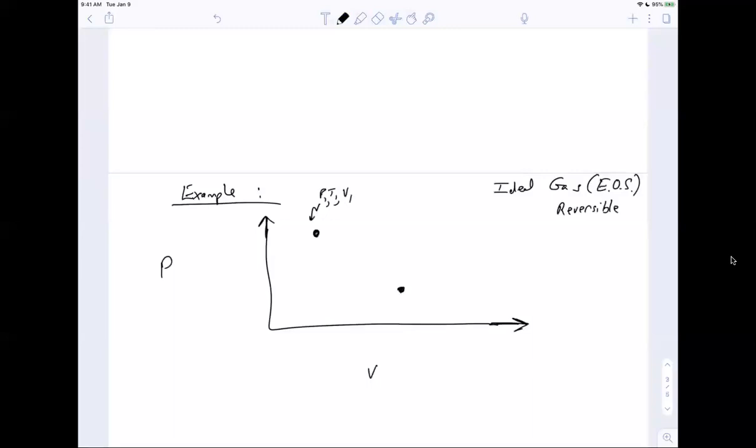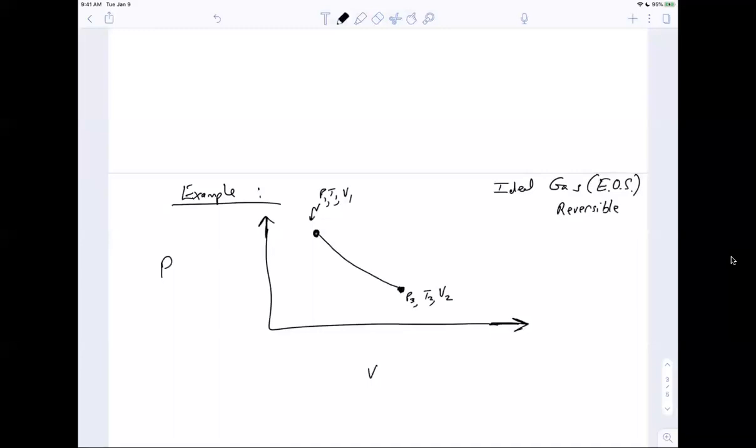Okay, and then we will go to a point here. Okay, and this will be P2, V2. Oh, no, sorry, that should be P3. Okay, you'll see why in a moment. So this is P3, T2, and V2. Okay, so we're going to have a process here that looks like this.